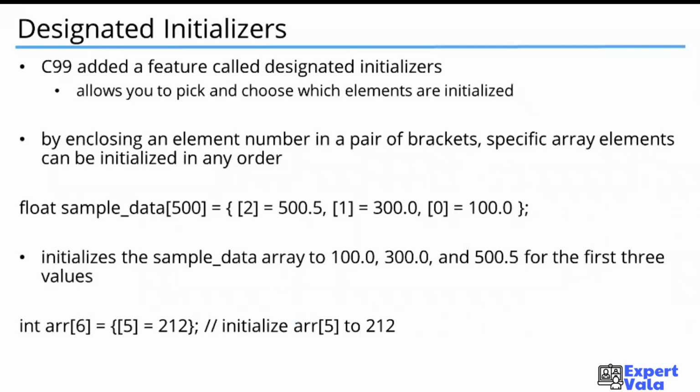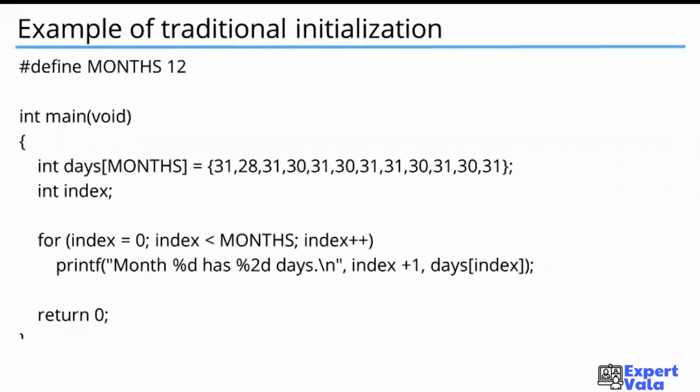So here is an example of traditional initialization where you just declare the name of your array and supply many different numbers. In this example, we are declaring an array that's going to store all the days in every single month.